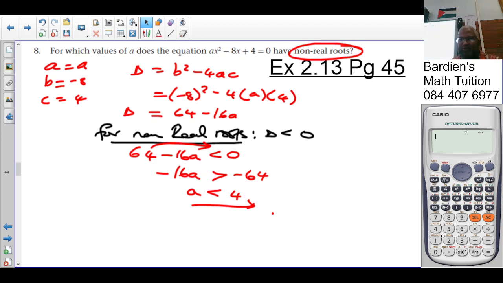Let me just find one for you quickly. Was there anything else on nature of roots? No, no? Okay, let me just find one quickly. This comes out of the grade 11 Mind Action series.